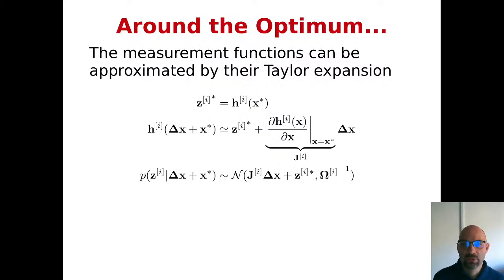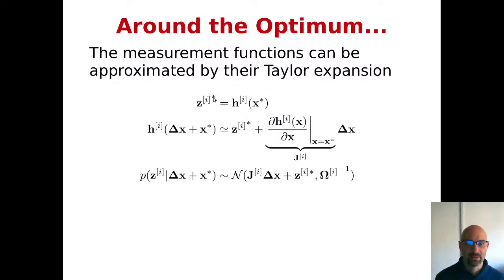For this solution X star, for each measurement, I will also have a prediction, which I call Z star, obtained by taking the optimum and evaluating the prediction function at the optimum, and I get the measurement that is mostly consistent, that is predicted by that state.